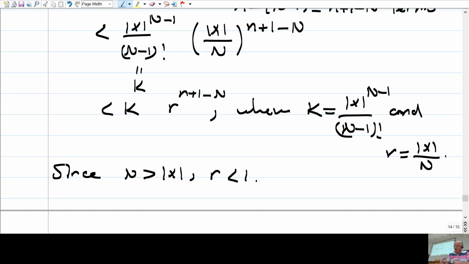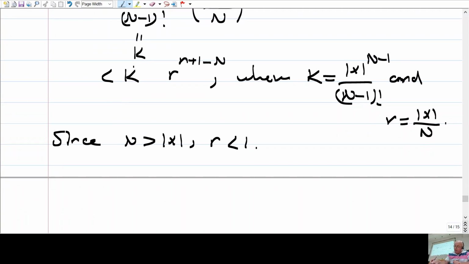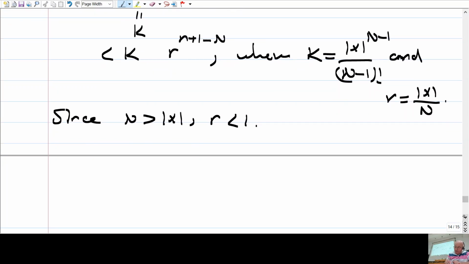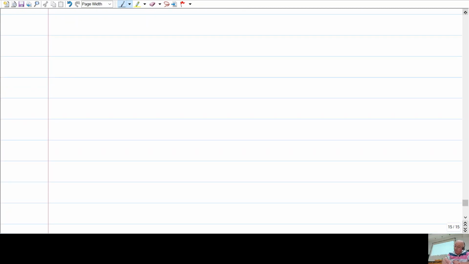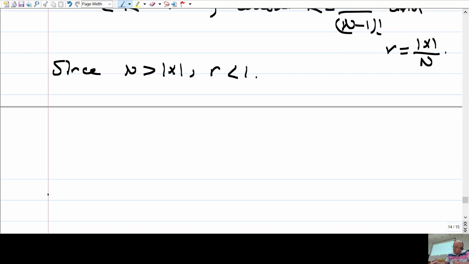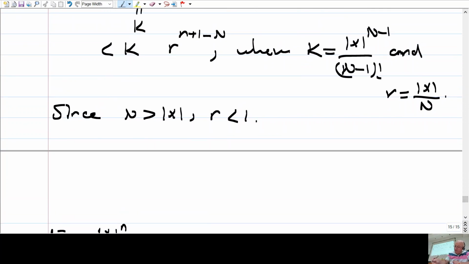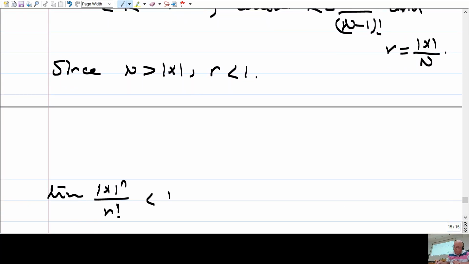Okay? And we have what? I have this fixed number. So we have, okay, the limit of x to the power n divided by n factorial is less than k, some fixed number, times r to the power n plus 1 minus n, right?